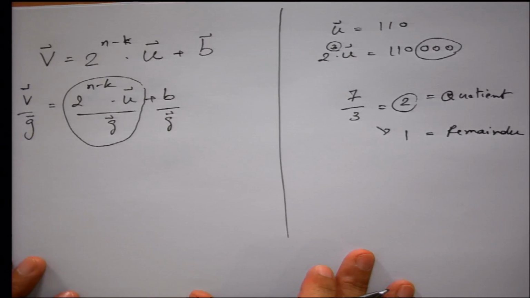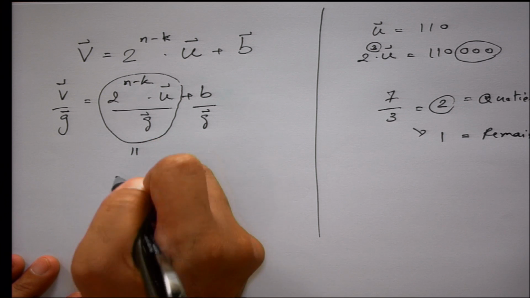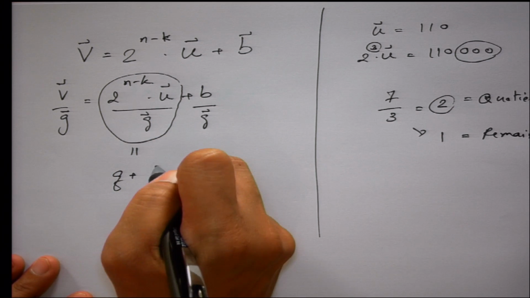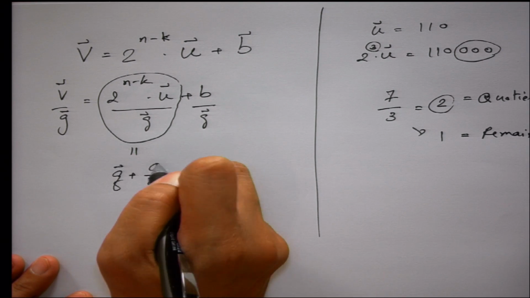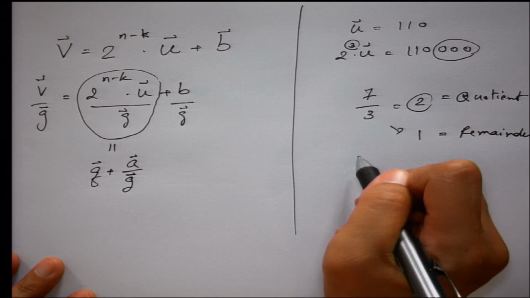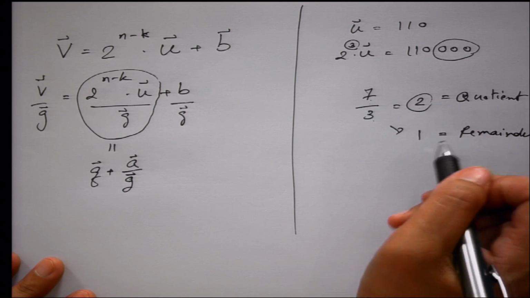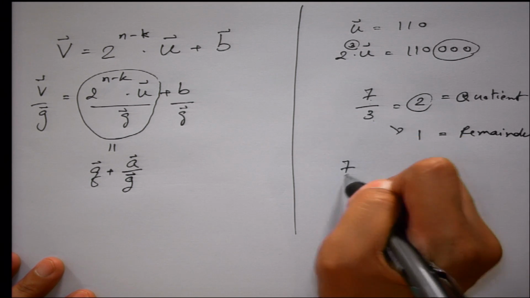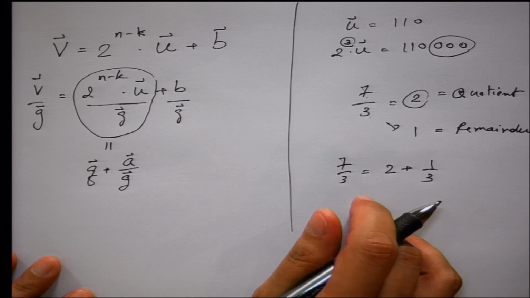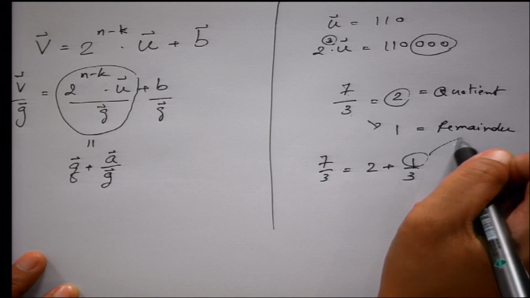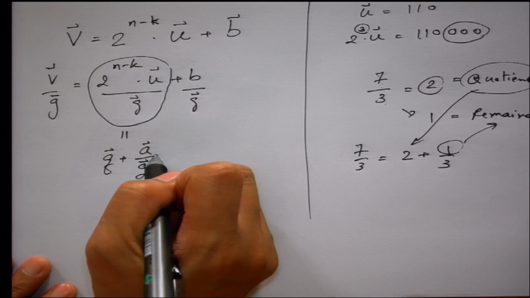So this can be written as a quotient plus a remainder: 7 over 3 equals 2 plus 1 over 3, right? This is the quotient, and this is the remainder.